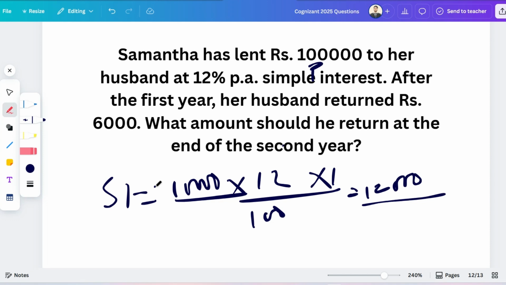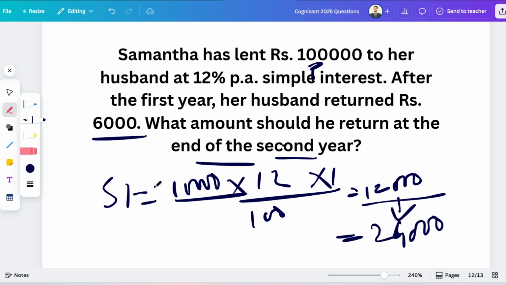At the end of the second year, he has to return the amount after deducting 6,000. So for 2 years, what will be the interest? Simple interest will be 24,000, and 6,000 he has returned. So that means 18,000 he has to pay in total interest.